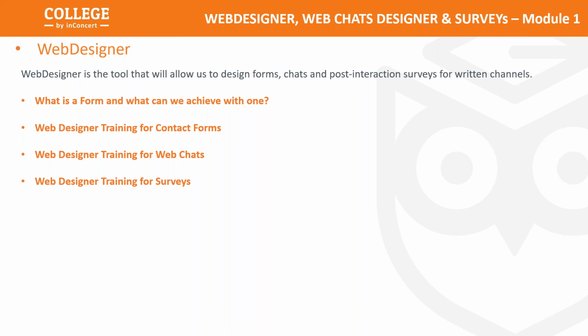The design forms or web forms are those that the agent will use, for example, on an interaction, okay? The chat is the design of the chat, okay? And the surveys are just for written channels. The survey for telephony will be an IVR, just like we saw with the process flow, okay? It is a specific process flow, okay?